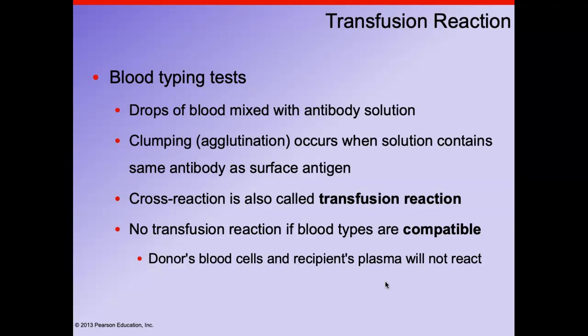If you were to receive the wrong type of blood, it's called a transfusion reaction. And so donors' and patients' blood are typed to find out exactly what blood type they are, so there is no transfusion reaction.